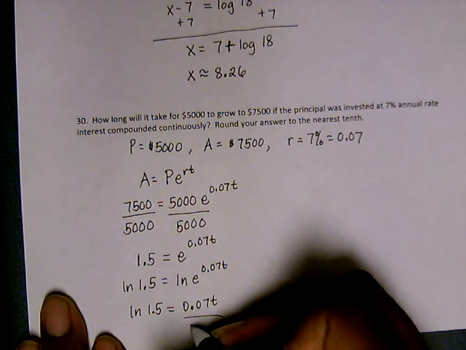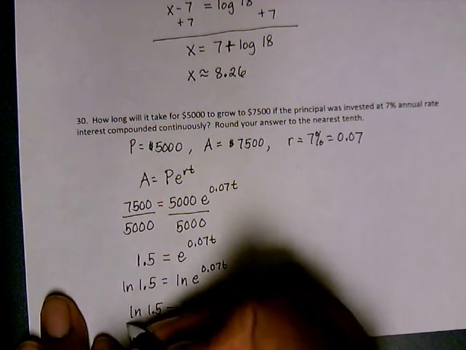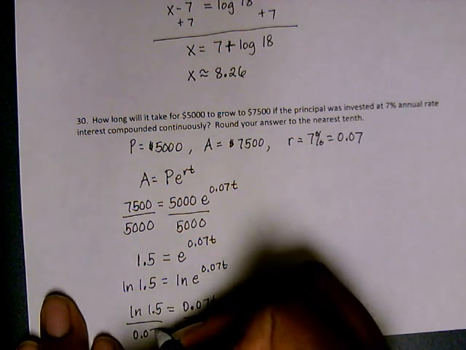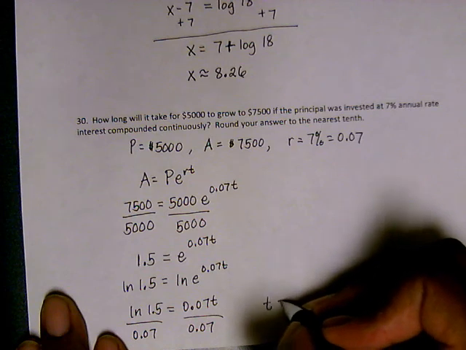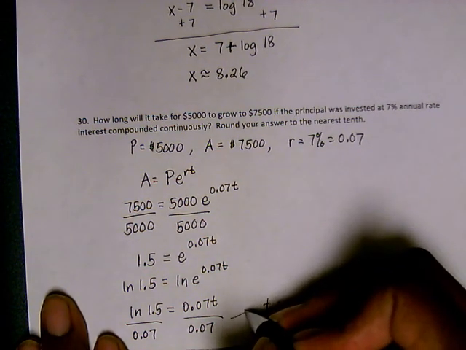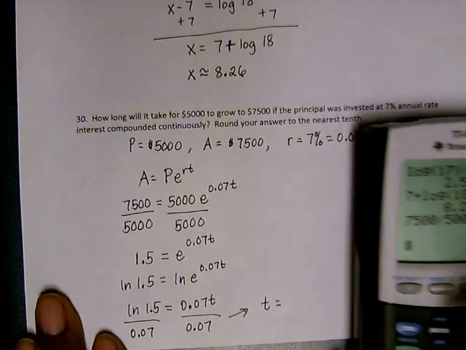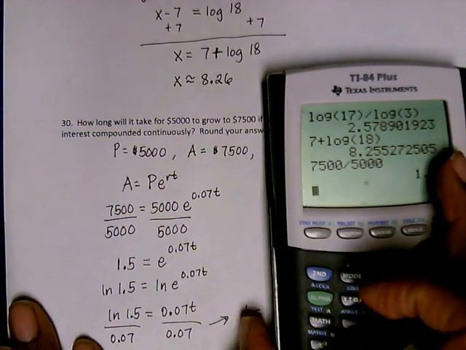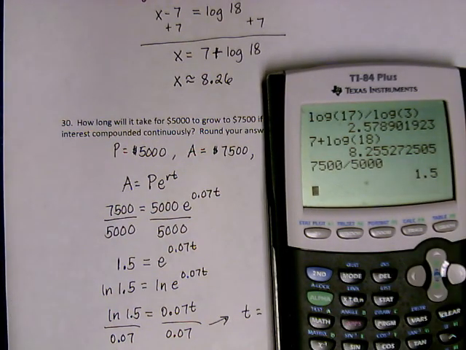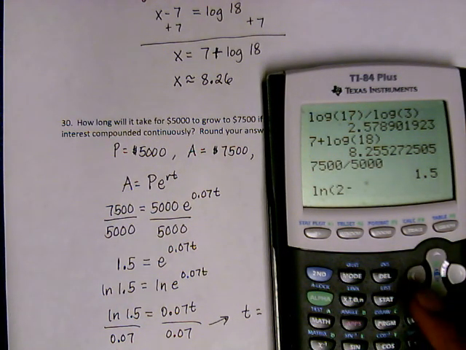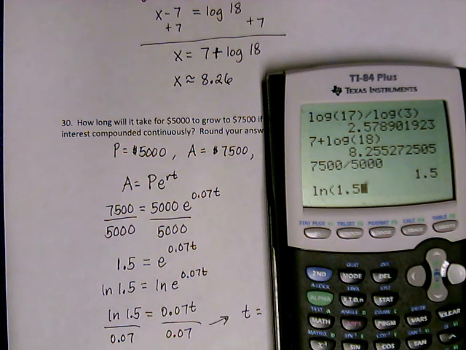And then to find out what t is, we divide by 0.07 on both sides. So here I'm going to find out what t is using my graphing calculator. Type in ln and then 1.5. Close your parentheses around the 1.5. Then whatever that is divided by 0.07.